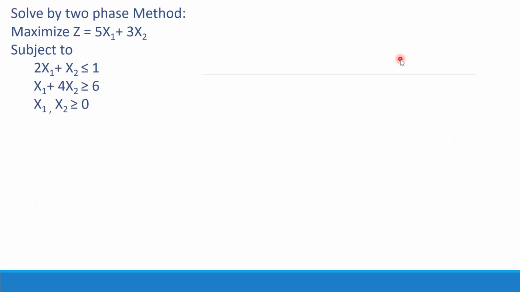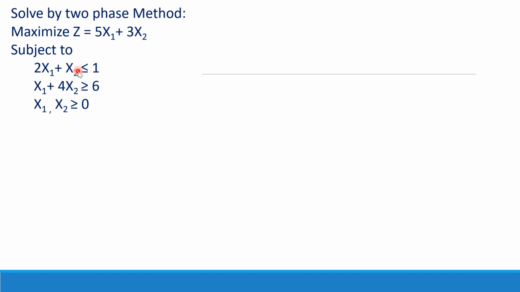So let's see the problem. The problem given to us is to solve by the two-phase method, where the objective is to maximize z = 5x1 + 3x2. Only two variables are given here. The objective function is subject to 2x1 + x2 ≤ 1.